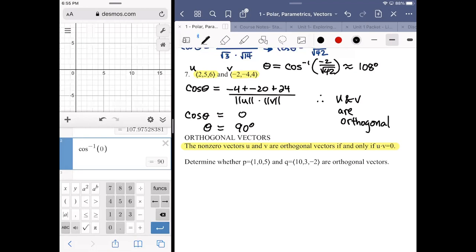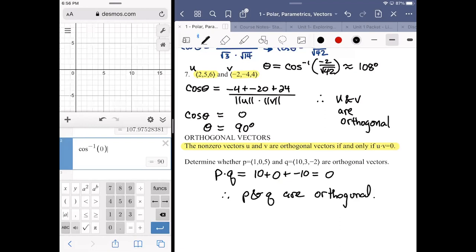It's really just asking for a binary answer, like yes or no. So what I would just do is simply find P dot Q: 10 plus 0 plus negative 10, result is 0, therefore P and Q are orthogonal. Which is pretty awesome. It's a nice, easy question. You could expect an orthogonality question on the test.